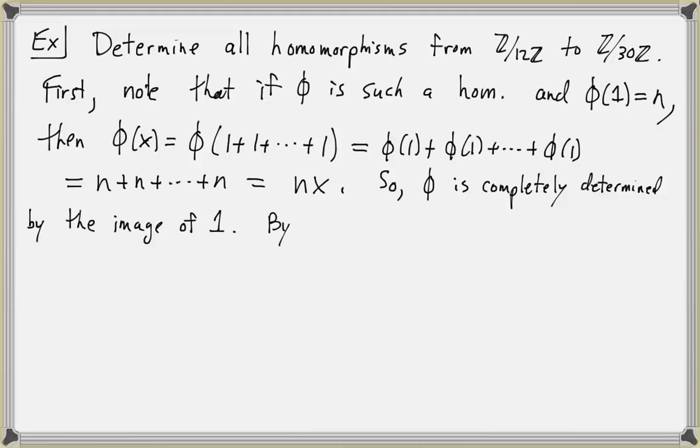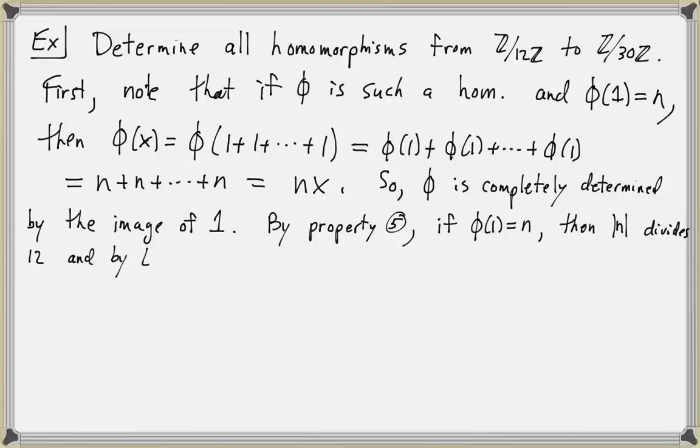Well, let's look at property 5. We know that by property 5, if phi of 1 equals n, then the order of n divides 12.